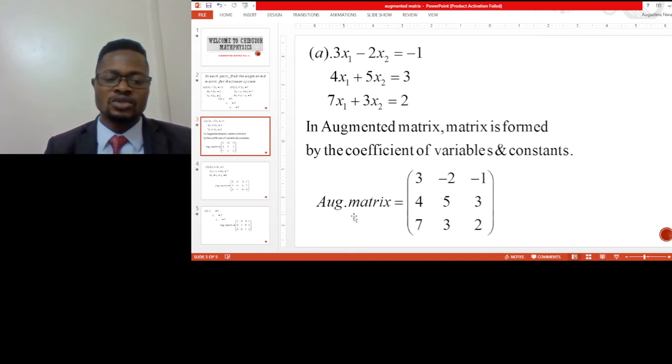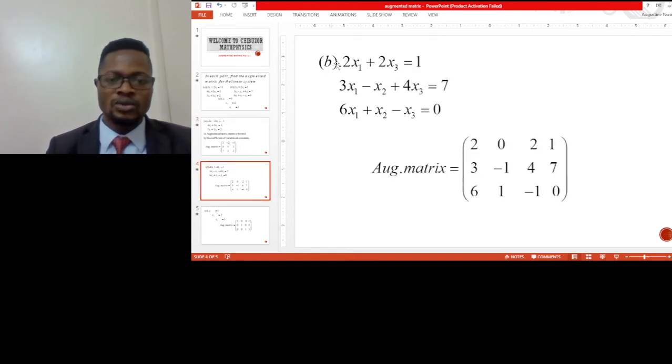So what you just need to do is put them in matrix form. You will have 3, -2, equals -1, and we have 4, 5, and 3, 7, 3, and 2. And this is the augmented matrix of this system of equations.